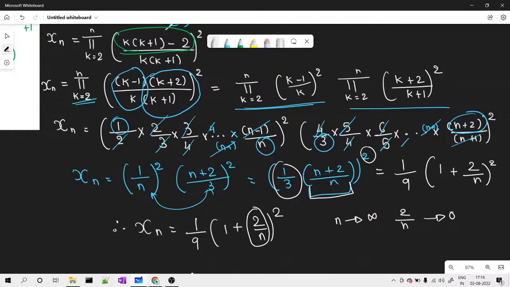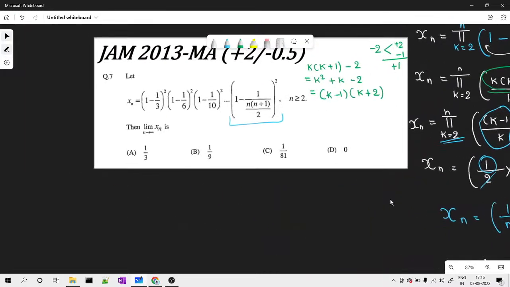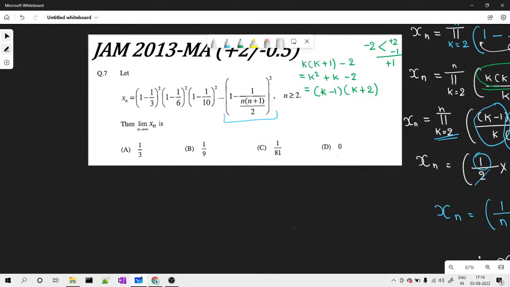That means xn will approach, everything else being constant, 1 by 9 times (1 plus 0) the whole square. 1 plus 0 is 1, and 1 square is 1. So the final answer is 1 by 9. That means my sequence will converge to 1 by 9. Let's see, is there any option 1 by 9? Yes, 1 by 9 is over here. So option B, 1 by 9, is nothing but the limit of this sequence.